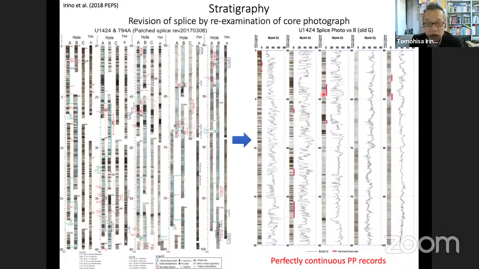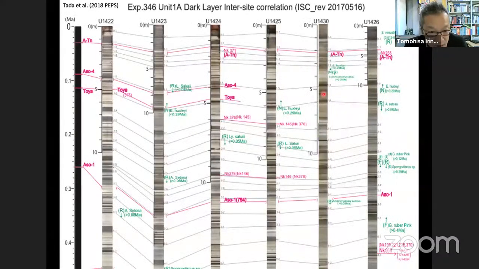As I pointed out, these dark-light cycles can be correlated basin-wide due to synchronous changes in the productivity or the ventilation events on a millennial scale. Major dark layers are correlated like this, these gray lines, which is consistent with the widely distributed tephra layers.